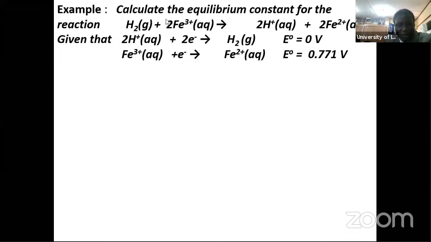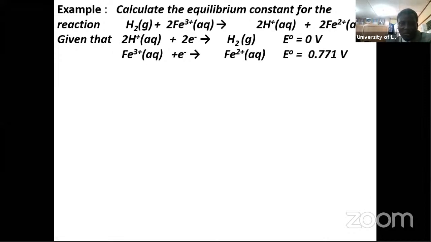But remember, your net equation is this. Look at your net equation. What you have on this side is hydrogen gas, and here you have proton. So normally you would reverse this one to the other side so that it will be minus 0. But minus 0 is still 0, so we won't bother ourselves with that.